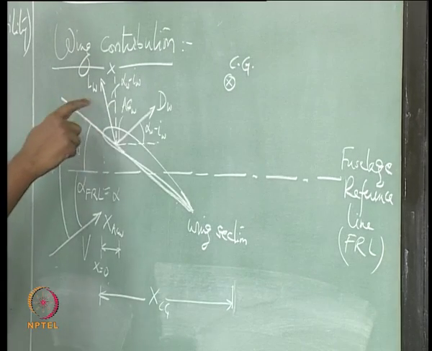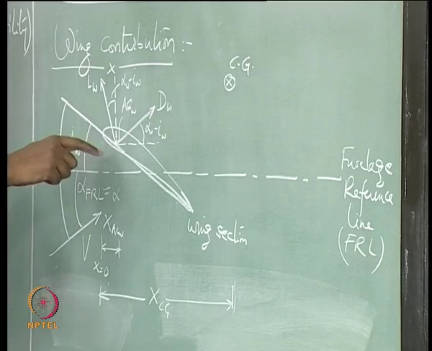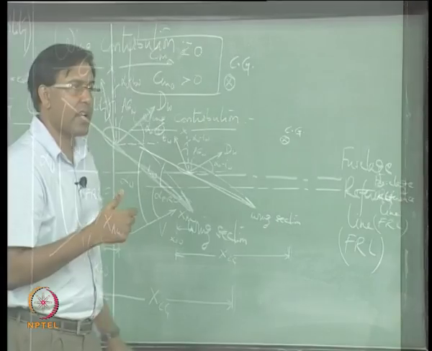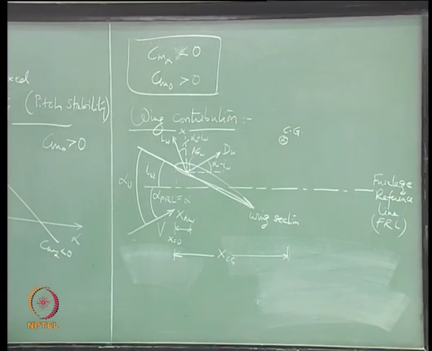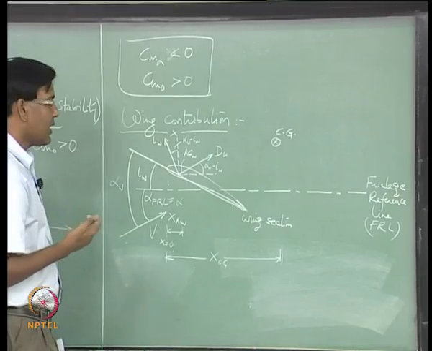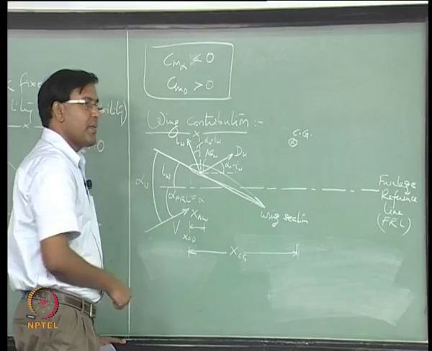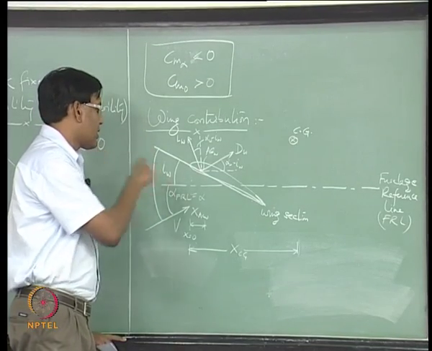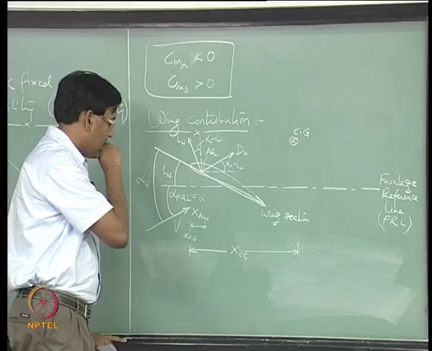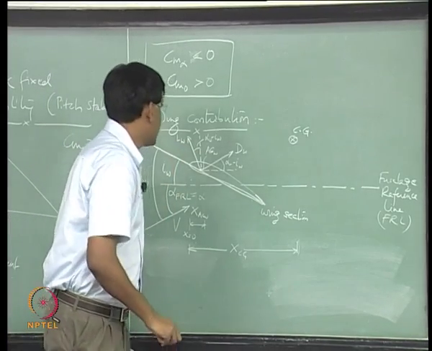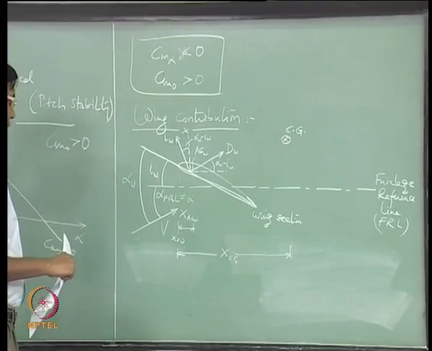Other than these two forces, we are saying that the aerodynamic center is lying at the quarter chord. If the wing airfoil section is not symmetric, then we know that the center of pressure will lie slightly off this aerodynamic center, or let's not assume that. So, we will not assume that the aerodynamic center of the wing is lying at the quarter chord.